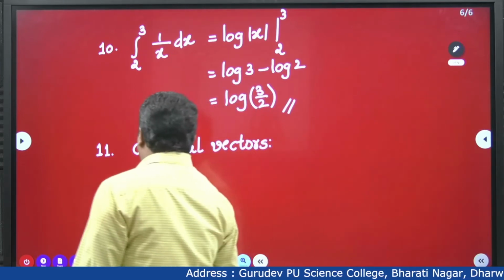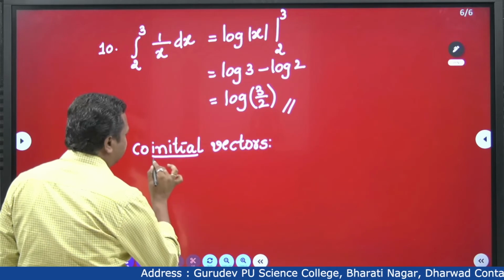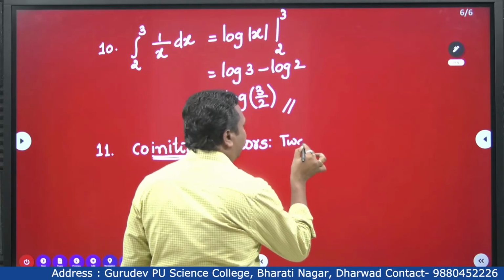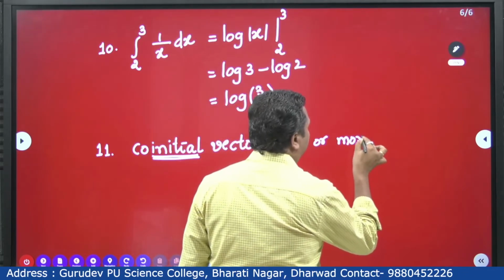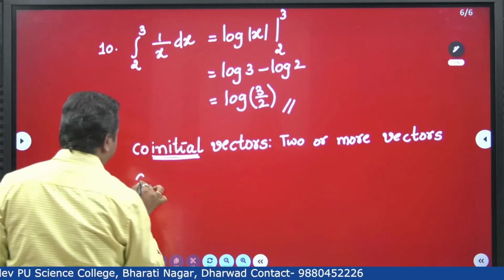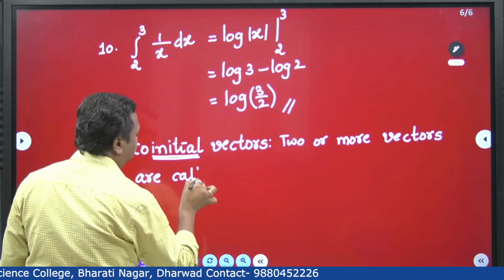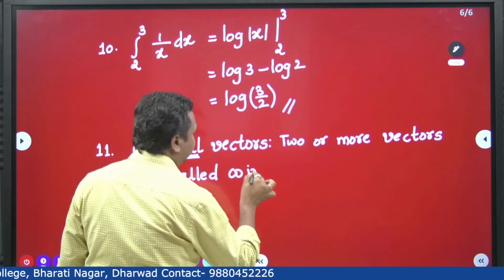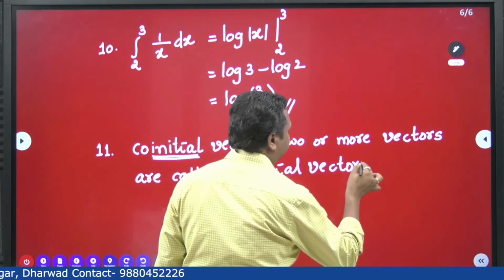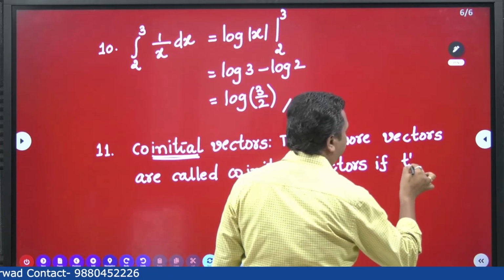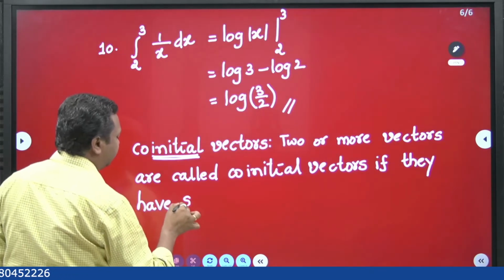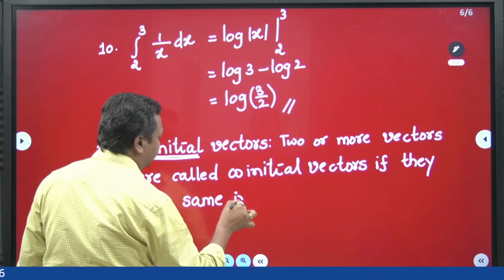The meaning lies in the word co-initial itself. Two or more vectors are said to be co-initial vectors if they have the same initial point.